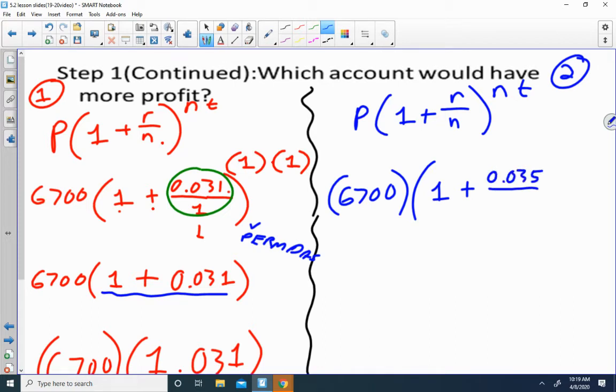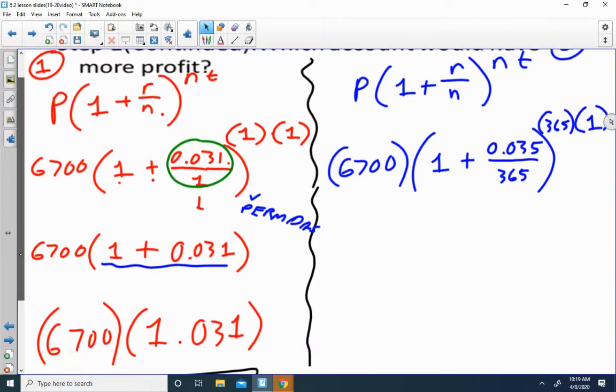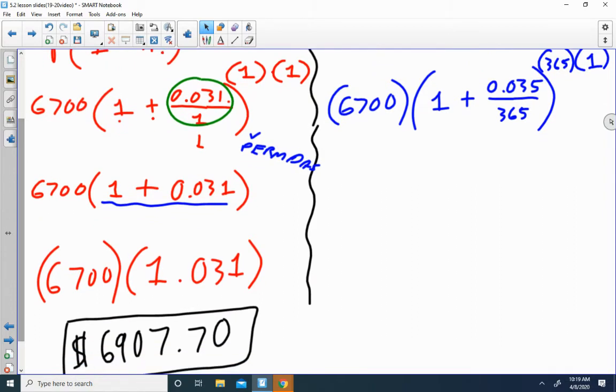The number of compounds, we said it was daily, so it's 365. Then to the power of N, which is 365 times T, where T is still 1 year. This one's not going to be as easy as the first one. Let's first simplify this part: 365 times 1 is still 365.